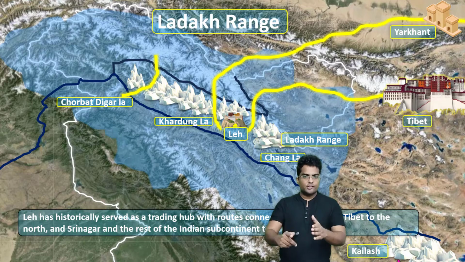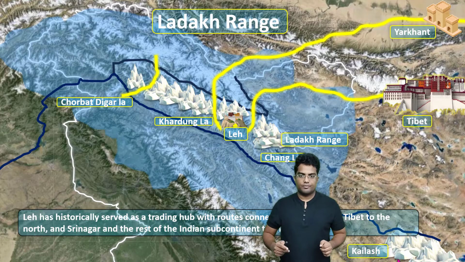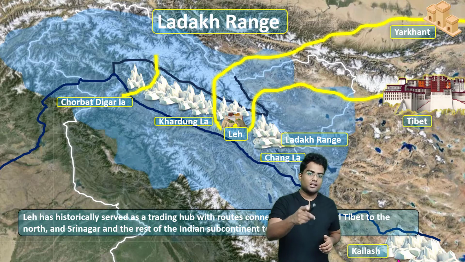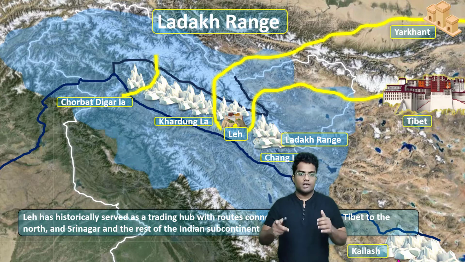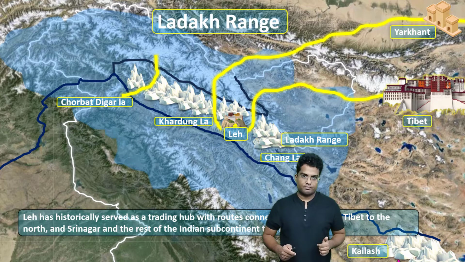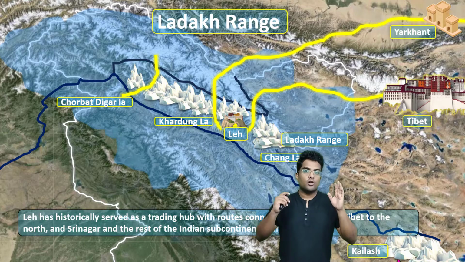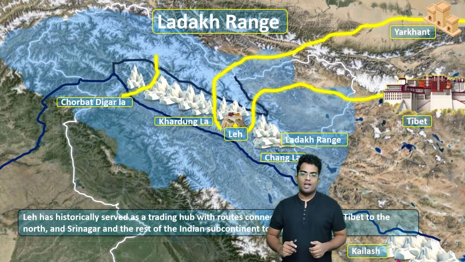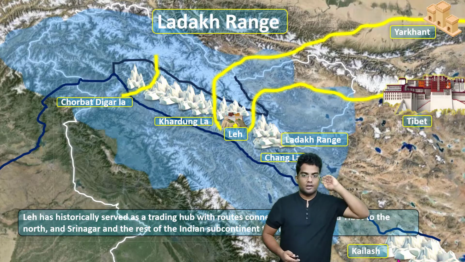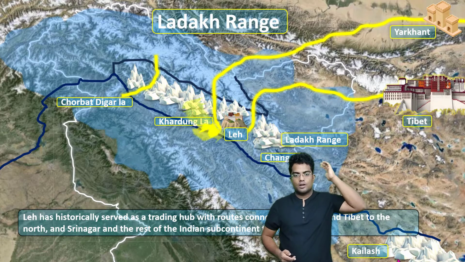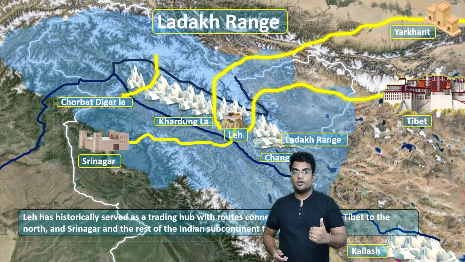These 2 regions, Yarkand as well as Tibet, were historically quite important. From Yarkand and Tibet, they reached Leh through the Kadungla Pass as well as the Changla Pass. A very important thing that you have to know. So why is this important? As it happens, Leh was an important trading center.